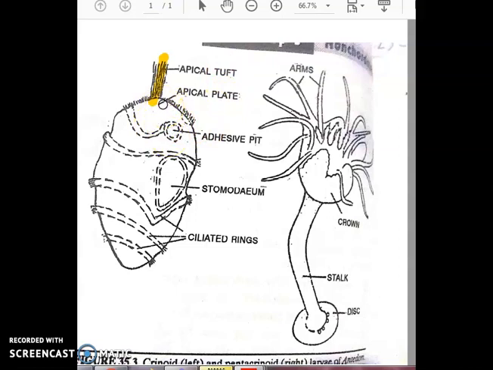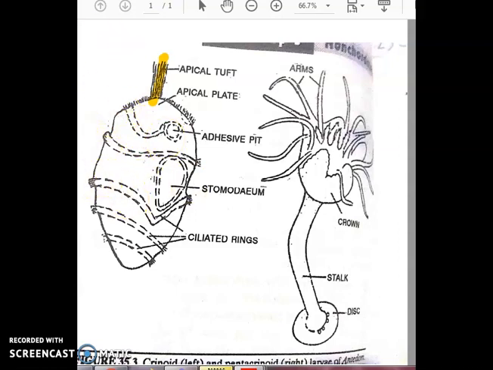It has a mid-ventral adhesive pit over here. The stomodeum is there, the adhesive pit is there, and the ciliated rings are present. Between the first and second, or second and third ciliated rings, there is a vestibule present.